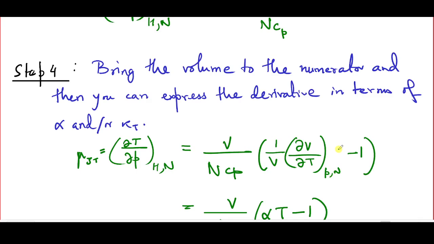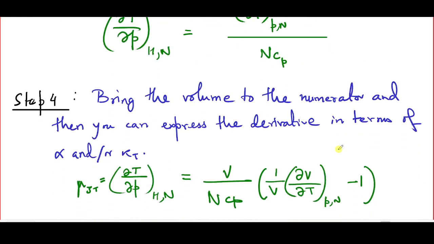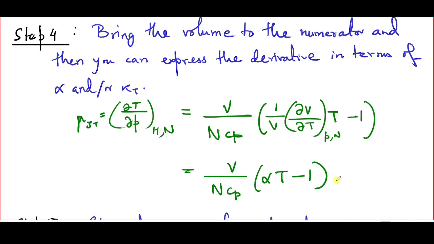And then, of course, there's a T which I forgot to write down in this case. Minus 1. And now, by replacing the derivative by V alpha, we end up with the expression capital V by N Cp, alpha T minus 1. Actually, I can reduce this a bit further. It's really not a big reduction.